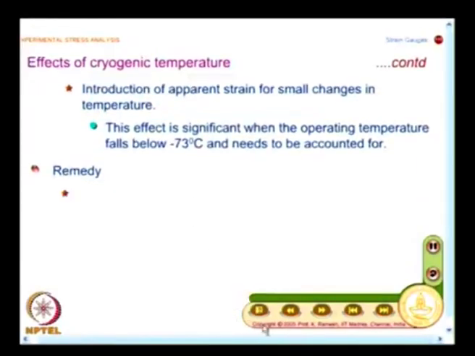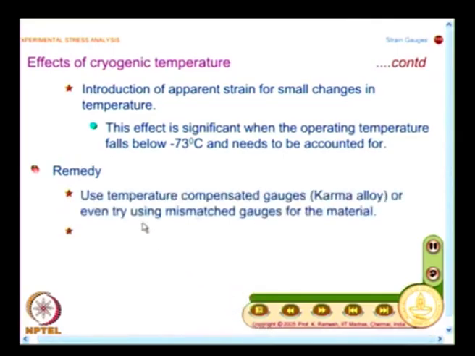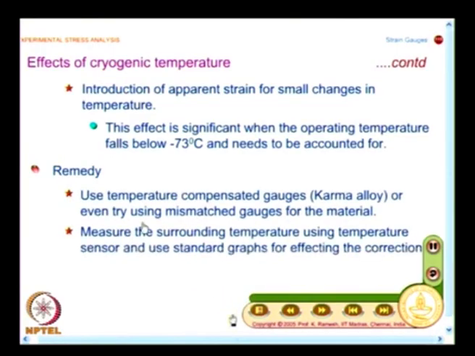And how to go about, how to remedy this? People have found a very innovative way of doing it. I had mentioned in the discussion on self temperature compensated gauges that you use the self temperature compensated gauge only for the specimen material for which it is compensated.